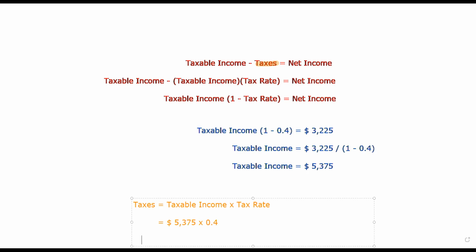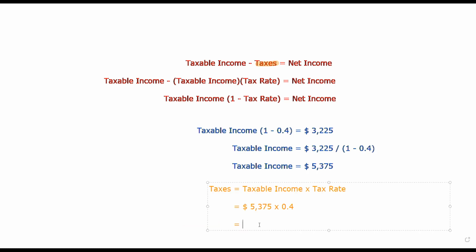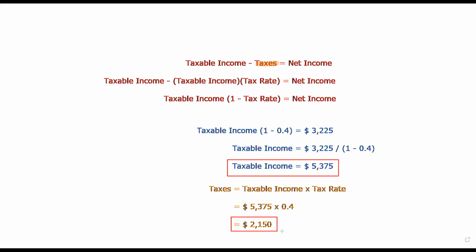And at the end, what value did I get? 2,150. So these two are the information that you can already put into your income statement, taxable income and the amount of tax.